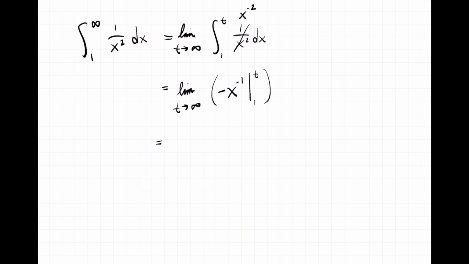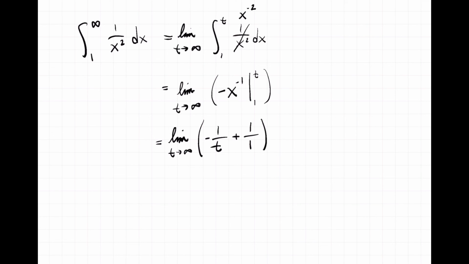So we'll fill in our bounds. This is the limit as t goes to infinity of, let's see, negative x to the negative 1. That means we actually have negative 1 over x, but our upper bound is t, so I'll fill in t here. Now, minus a negative, that means plus 1 over our lower bound, which is 1.